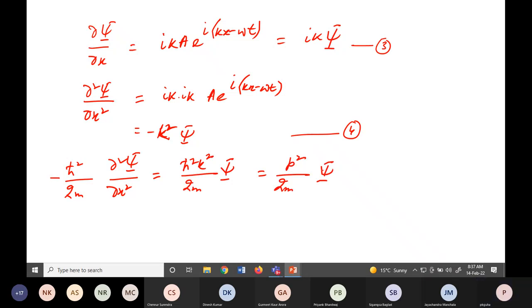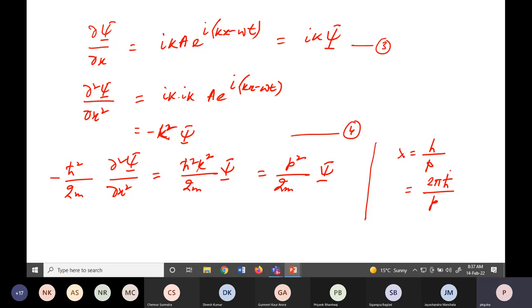Okay, because h line k is p. You remember, this is from de Broglie's equation, lambda is equal to h over momentum, and you can write 2 pi h line over p.